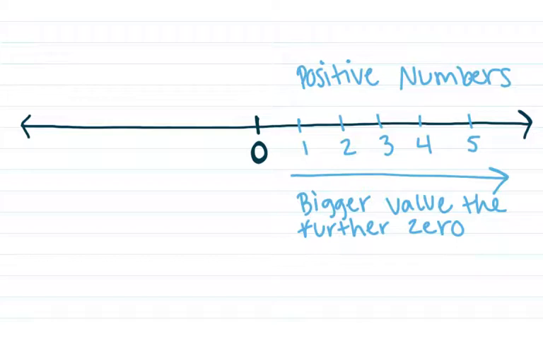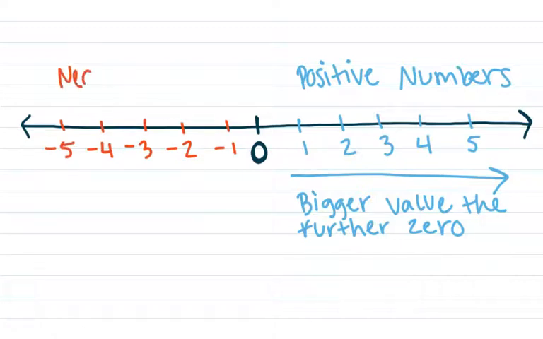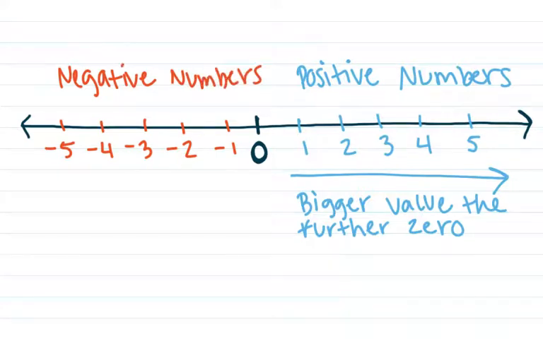Now, on the other side of 0, to the left of 0, we have negative numbers. We know that they're negative numbers because they have that little dash in front of them, that little negative symbol. And so on the left side of 0, we have all of our negative numbers. What's really neat about those numbers is that as you travel to the left, further away from 0, it actually has an opposite effect.